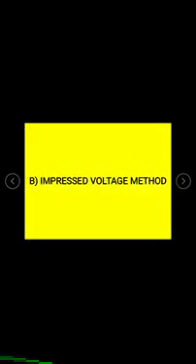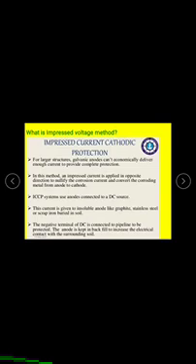Now let us discuss the impressed voltage method. What is impressed voltage cathodic protection, or impressed current cathodic protection?